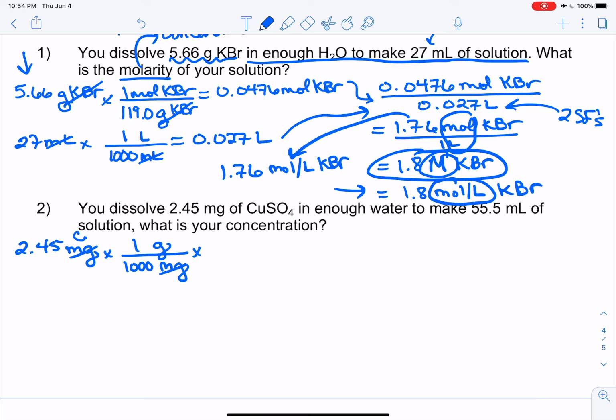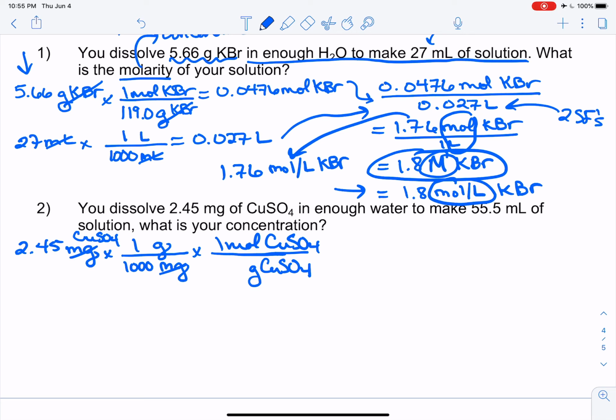And I forgot to write my copper sulfate up here. Bad teacher, bad. And what I'm going to do next is get rid of grams and go where? To moles. So 1 mole of copper 2 sulfate is how many grams? Where would I get that number? Off the periodic table. I'd pull out the periodic table and I'd say, okay, an oxygen weighs 15.999.